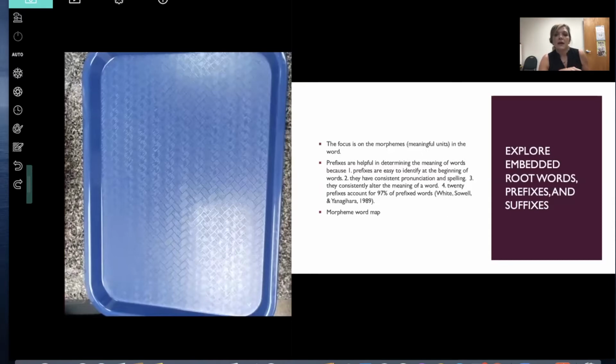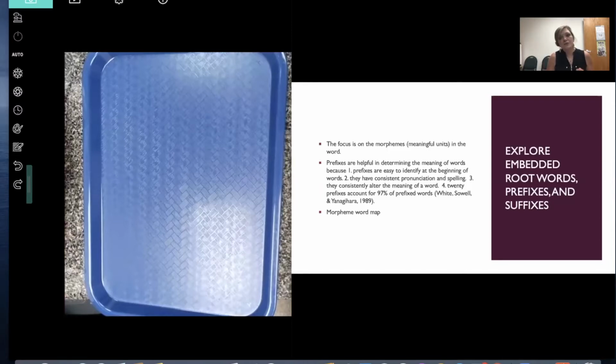So for example, the prefix pre means before, so preheat would be heat before, and pretest would be to test before. So it's consistent in that meaning, which makes it very easy for kids. Again, if they know that un means not, anything that un is in front of, they're going to know that it's not something. So it makes it easy for them to remember when they can apply that.